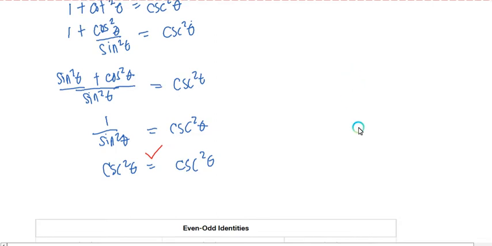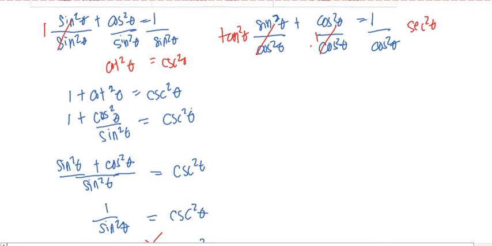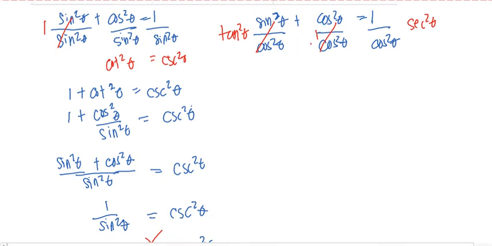Okay, so now let's prove another identity, or another equation, which is 1 plus tangent squared theta is equal to secant squared theta.